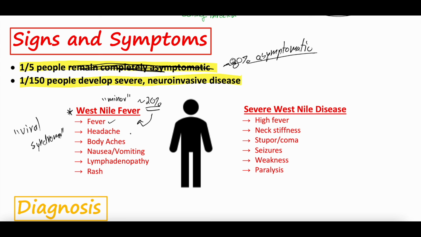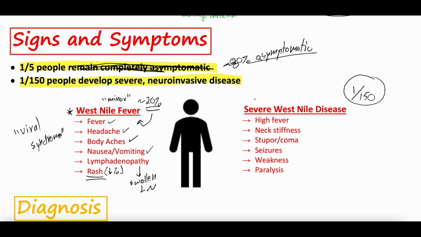You get a fever, you get a headache, you get body aches or myalgias, a little nausea, vomiting, and GI upset. Lymphadenopathy, it means swollen lymph nodes. Okay, so you can get swollen lymph nodes in your neck or your groin. And then a small percent of people can develop a rash, although that's certainly not a large percent of people.